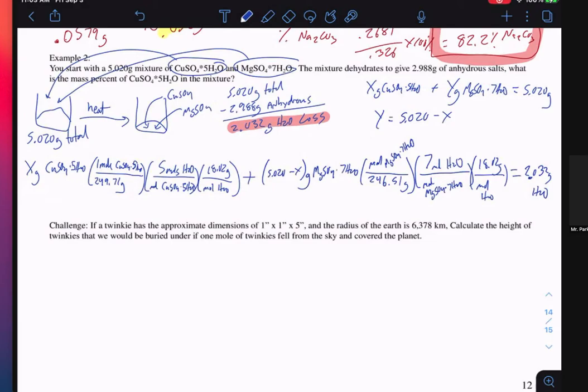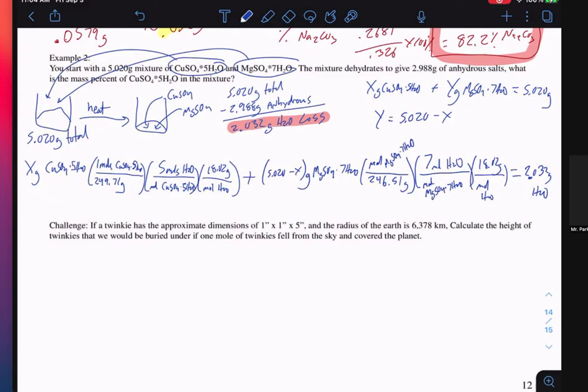And now we just have to crunch the numbers. We have our solution. We have assigned X as the mass of the copper sulfate hydrate. So once you solve for this, you do the math, you crunch numbers, you will have the value of X, and that will lead you to what the answer is because they're asking for mass percent. So it would be X over the total mass, which is 5.02.